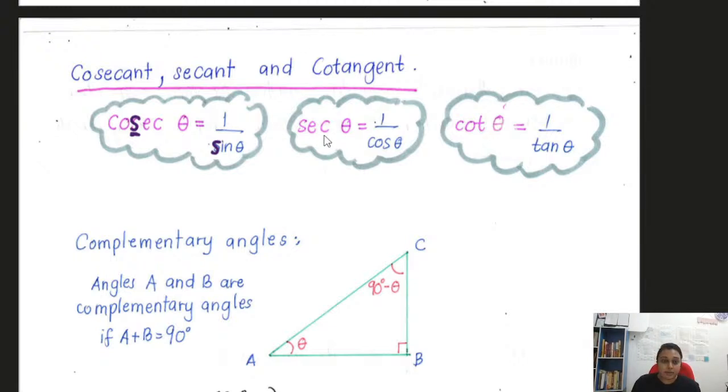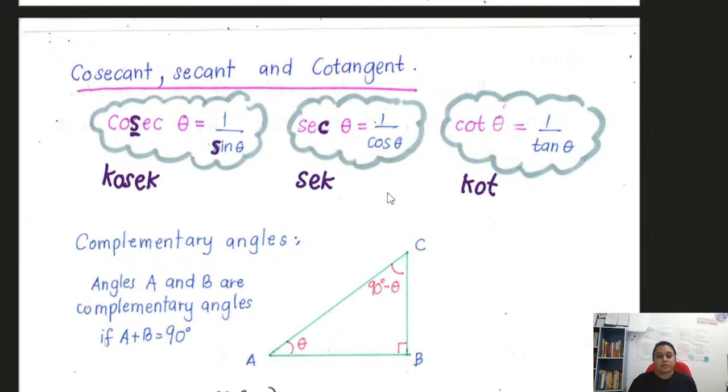Secant pun tengok huruf ketiga. For those of you who learn in Bahasa Melayu, teacher tahu cosecant is cosec, secant is sec, cotangent is cot. But if possible, follow the English one supaya senang.